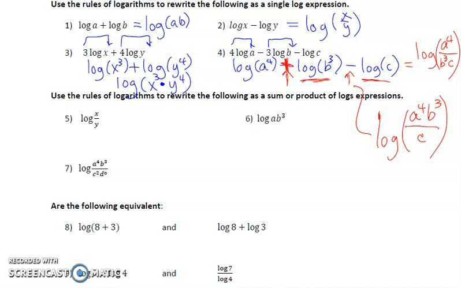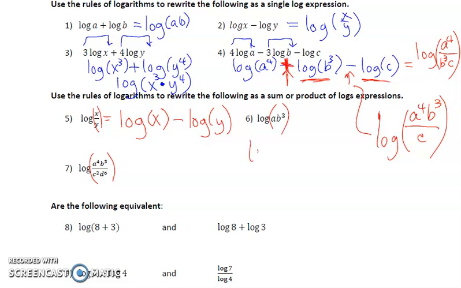In problems 5 through 7, they're asking you to rewrite these as the products and sums. So this, for example, we can rewrite as rule number 2 as a subtraction problem. This problem here, again, I prefer the parentheses here.